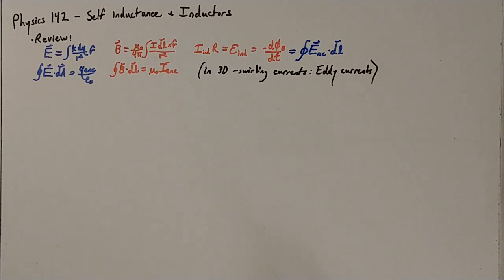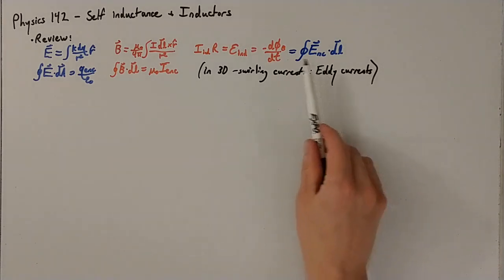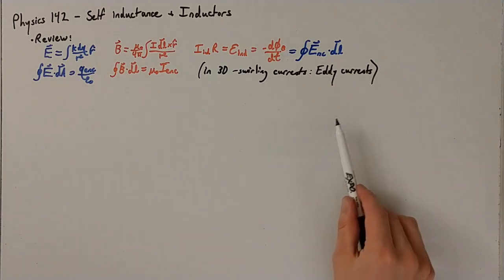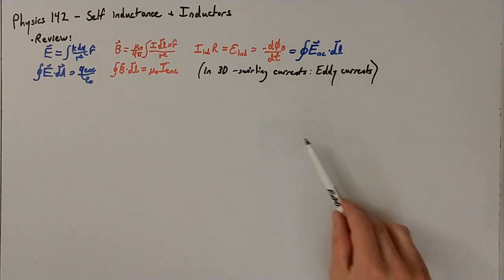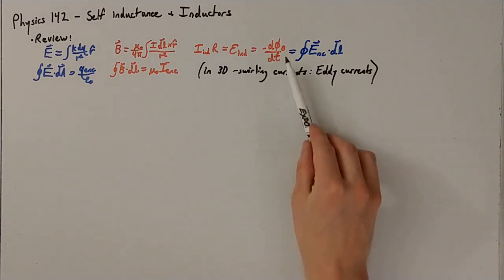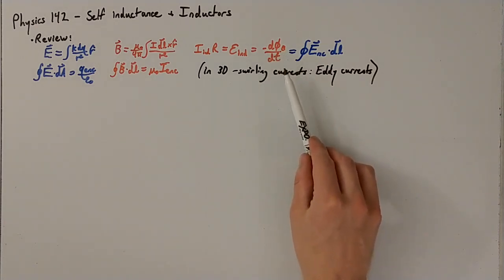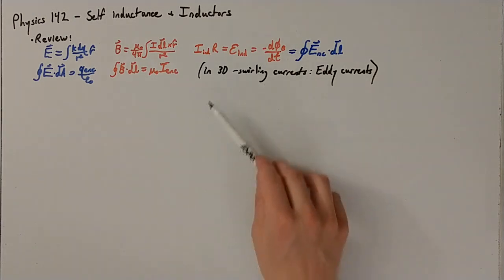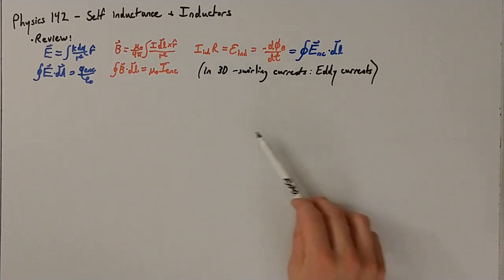Just as a brief aside, something I should mention from the end of class last time, I posted an extra video about this, but just wanted to note that these non-conservative electric fields tend to go in circles. And so if you change magnetic fields in 3D, you end up getting these swirling, circular currents.